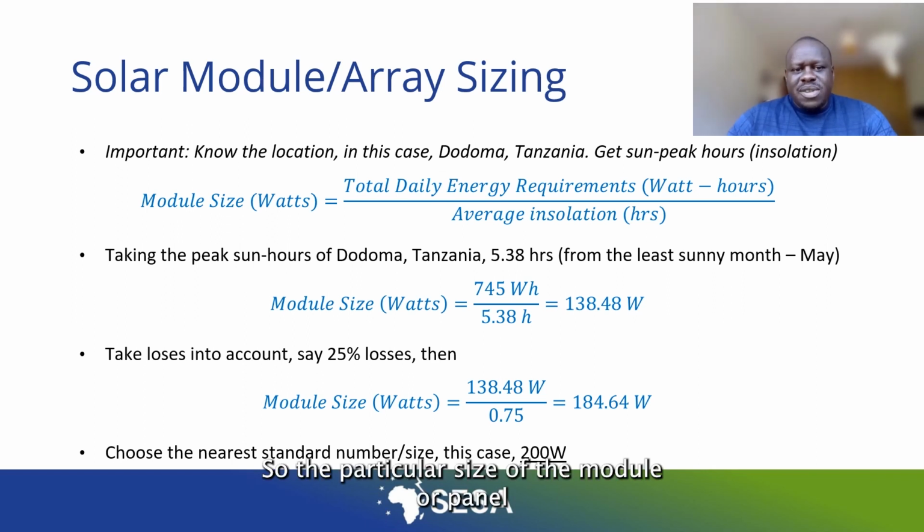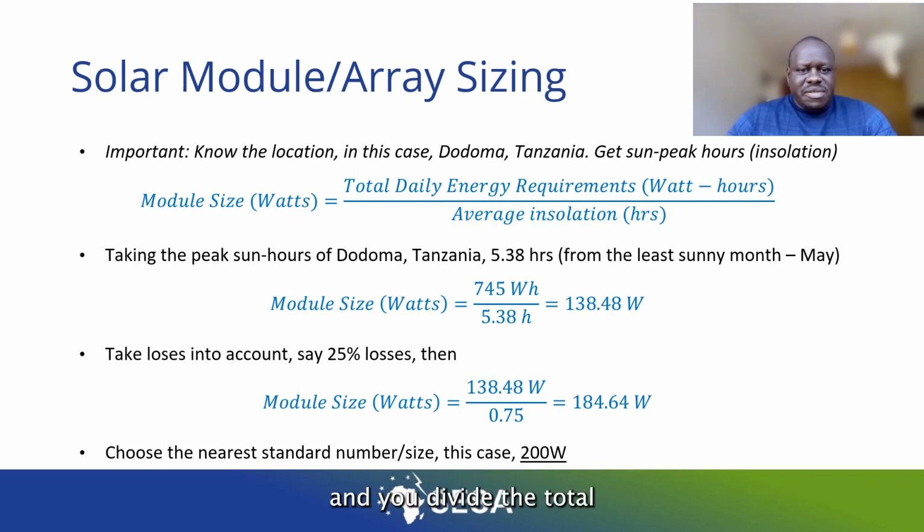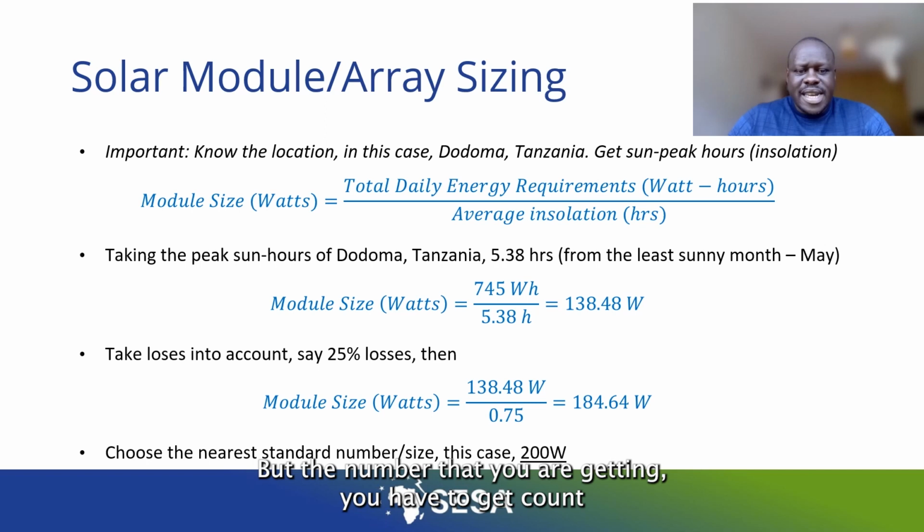To get the size of the module or panel, you take the total daily load requirement in watt hours and divide it by the average insolation, which is the number of peak sun hours. If we take that number from our previous table, the number that you get, you have to take account of the potential losses.